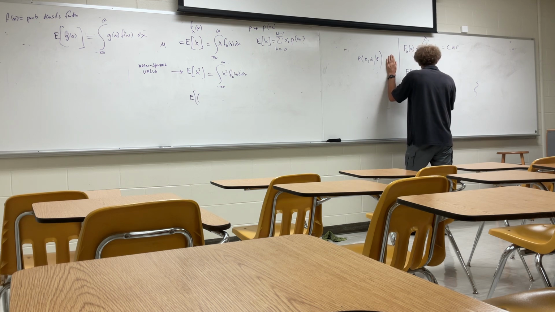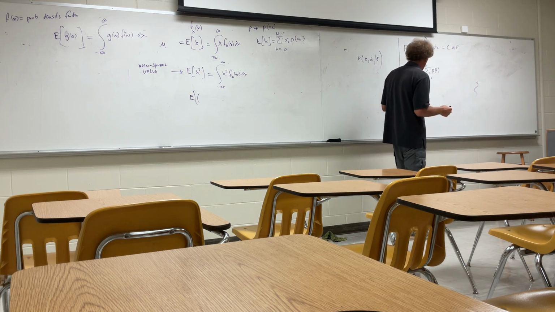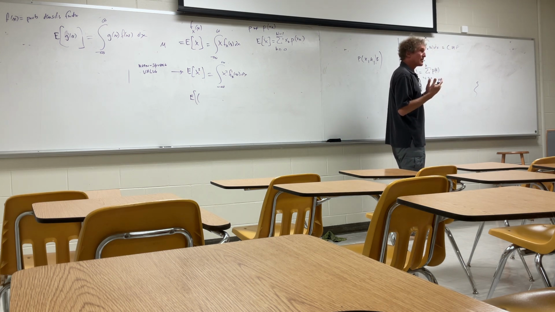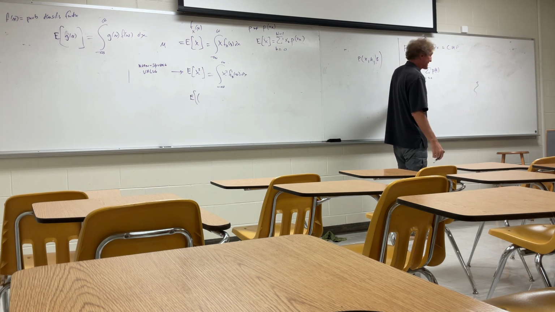This would be i equals 0 to k of P of i. The only thing you're doing here is taking the probability that the value x of k, where k is the subscript for the value of x, is less than what it is here.